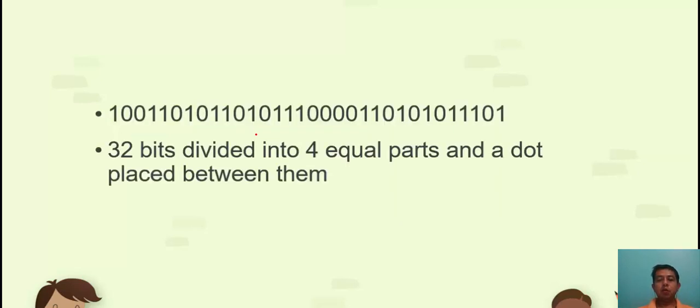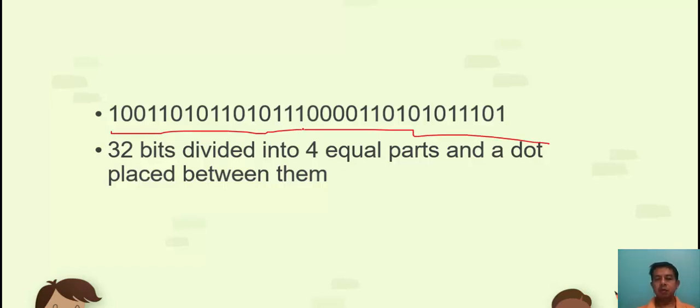Now, when we are dealing with IPv4 addresses, so that we as humans can easily interact with this number, remember, it is humanly not possible to remember an IPv4 address in terms of 32 bits. No one can deal with or process these numbers using this representation. So for the help of human beings, what we do is we divide this 32-bit number into 4 equal parts.